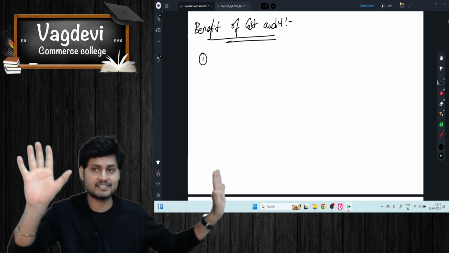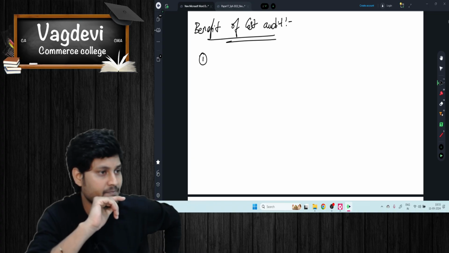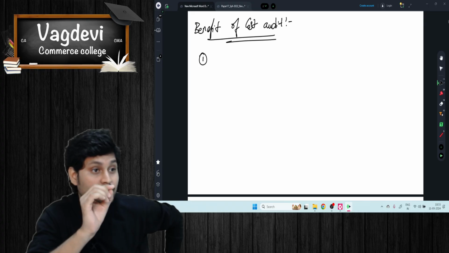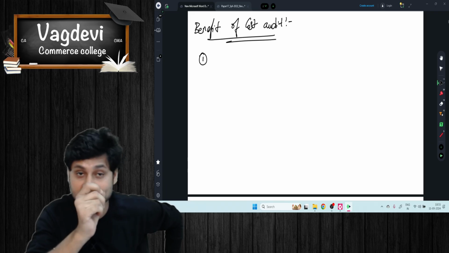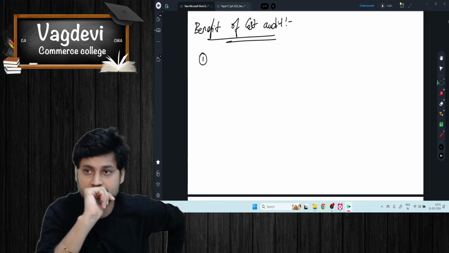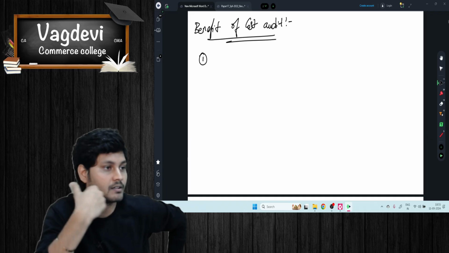For example, electricity bill. You find a lot of wastage of electricity when we fail to switch off ACs or lights. This is called wastage of electricity, which leads to additional cost. How can we control that? By switching it off at the right time.